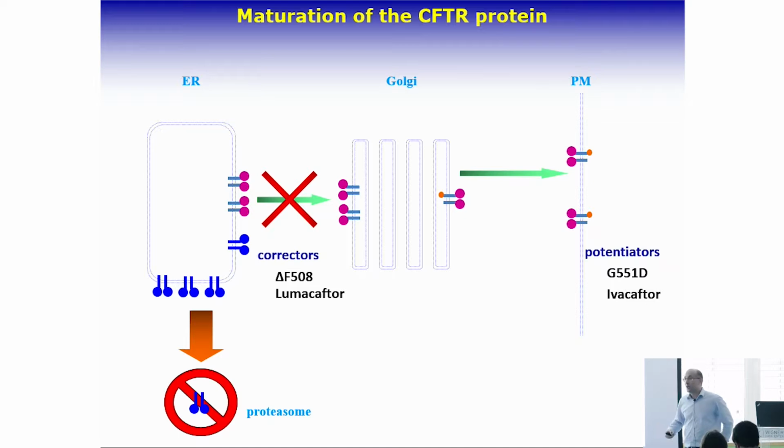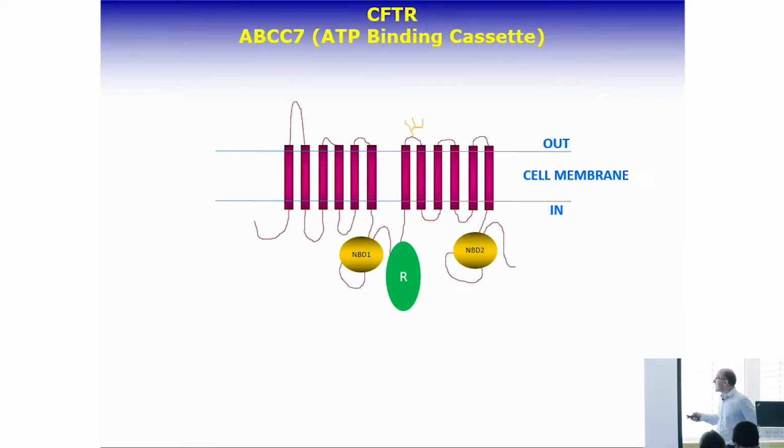So therefore, we would like to understand these processes, but for this you need the knowledge of the structure and the movements of the protein during the function. The CFTR protein is an ATP binding cassette membrane protein.